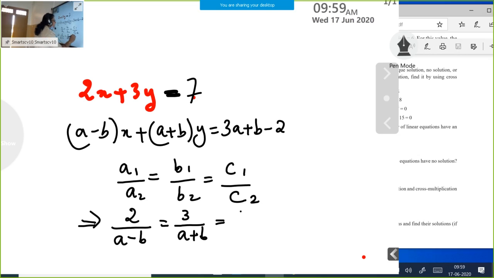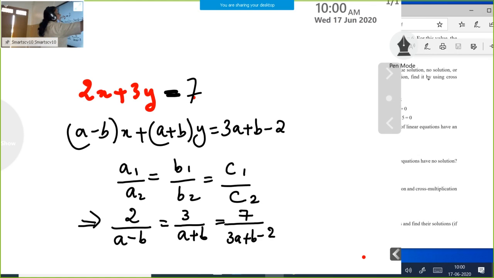Then the constant term 7 divided by 3a plus b minus 2. Clear? So 2 by a minus b is equal to 3 by a plus b is equal to 7 divided by 3a plus b minus 2.